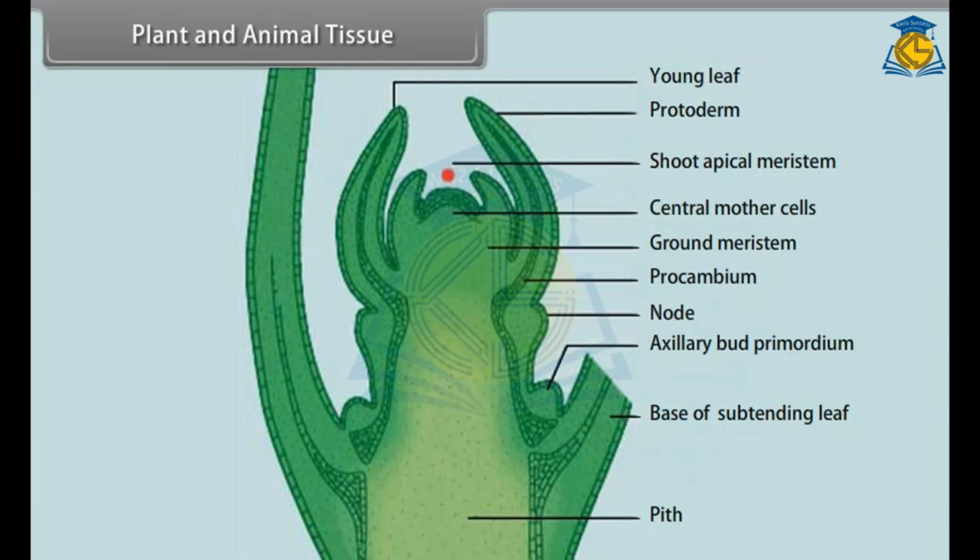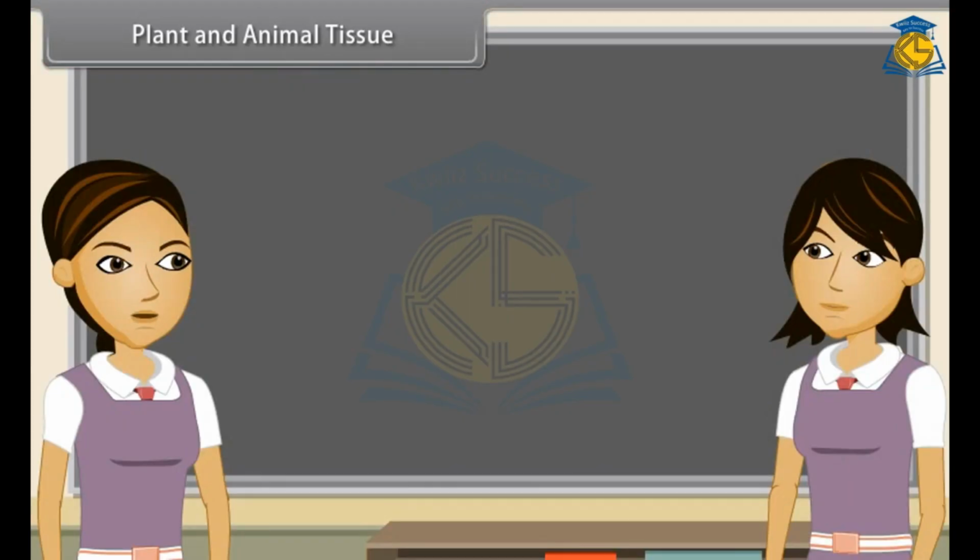The growth in plants is limited to some regions. There are some tissues in plants that divide. Yes, Madhuri. But in animals, the growth is not restricted to some places. It is uniform growth. In animals, the structural organization of organ systems is more specified and localized.